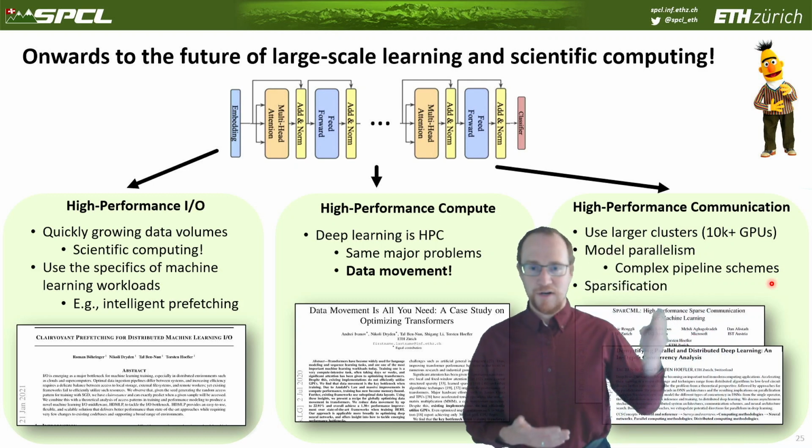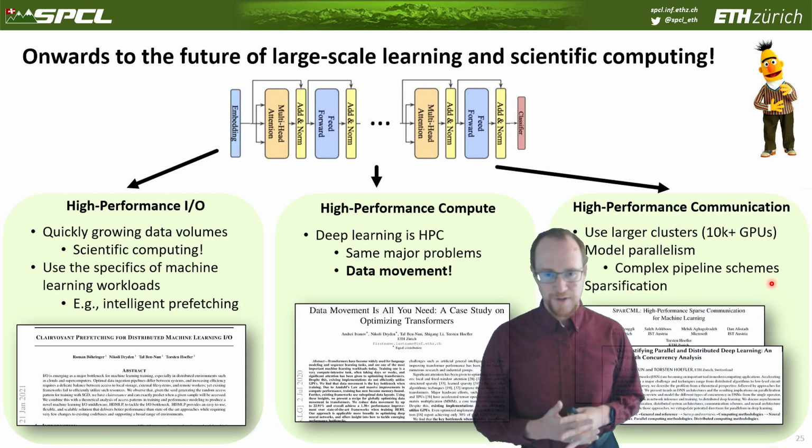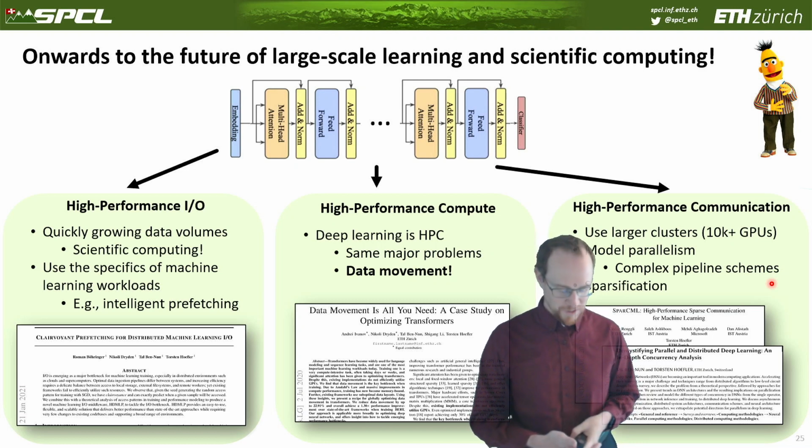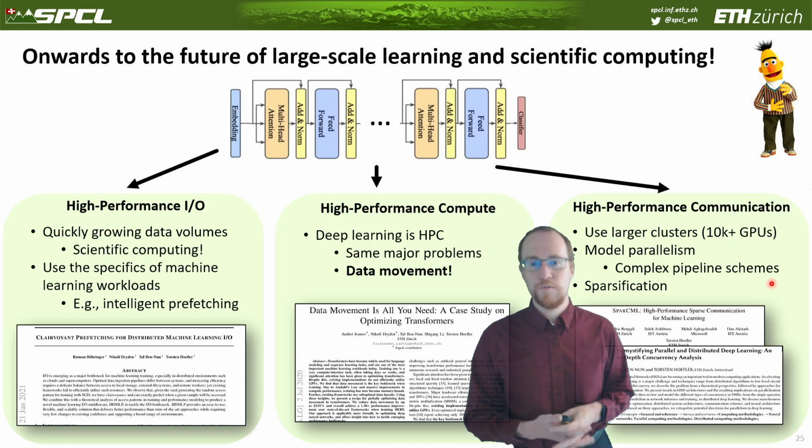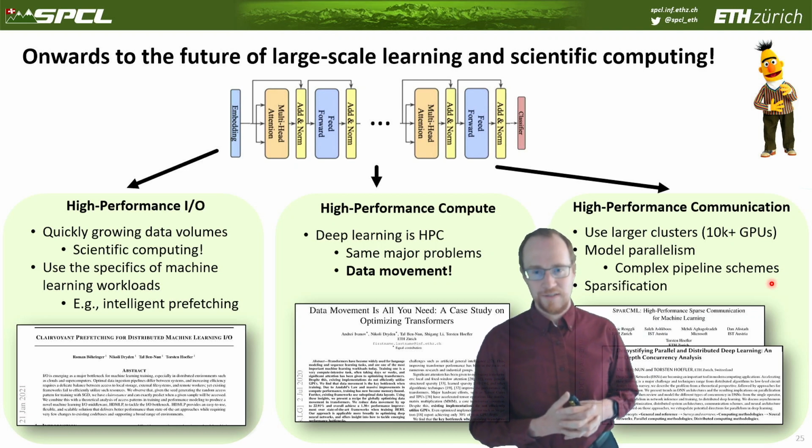Then the last and most comprehensive part is about high-performance communication. In deep learning, communication is the most complex workload we have to deal with. We know MPI in the communication context, but in deep learning it's relatively simple communication strategies: we only have all reduce and point-to-point communication.